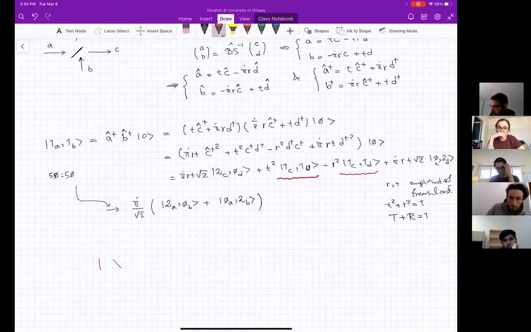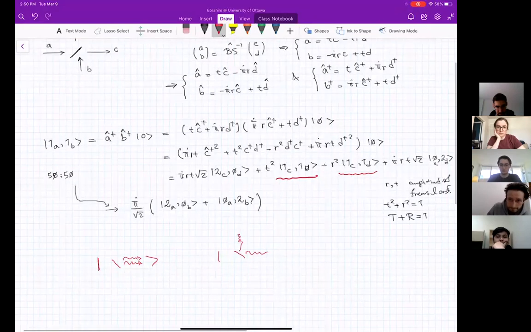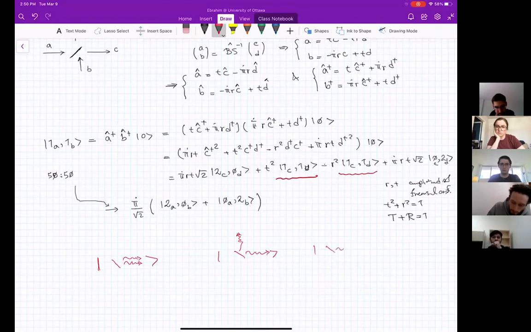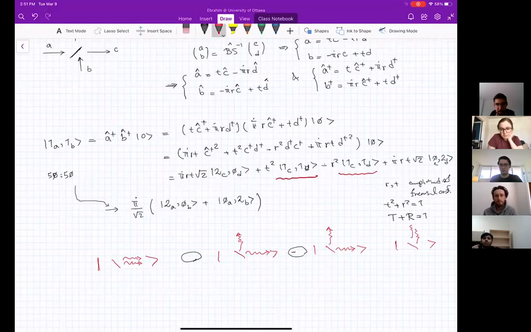Either you have 2 photons in C. Some books also show it in this way: 2 photons in C and D, and finally you have 2 photons only in the port of D. Okay, but if you pay attention to the coefficients and explicitly to the sign of the two, you will find out that the sign here is negative and the sign here is positive.